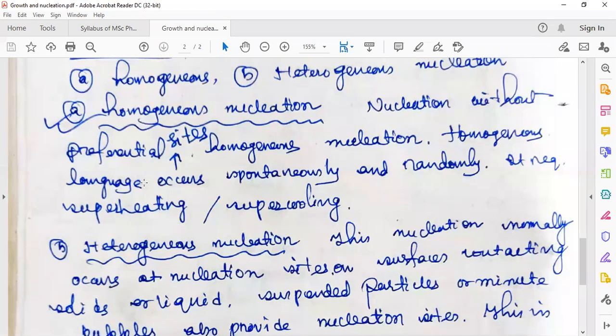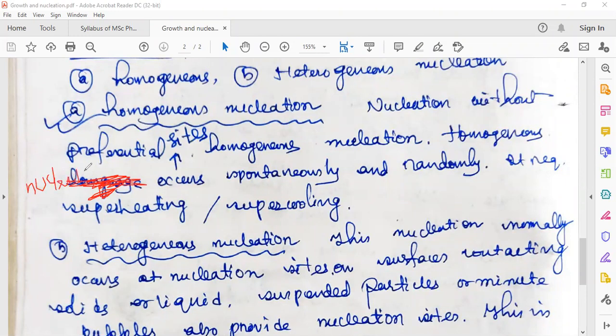So homogeneous nucleation. I don't know what I have written, it should be homogeneous.